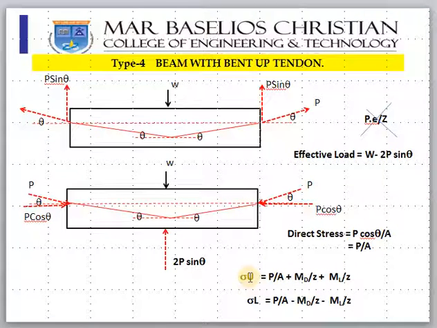So your upper fiber stress will be P cos theta by A, and since cos theta is small, P by A. Then the dead load always acts downward, because it is a gravity load, as does the live load. So plus MD by Z. Why plus? Because it will bend down, so top compression. So plus MD by Z plus ML by Z. This term will not come, and this is what is important.